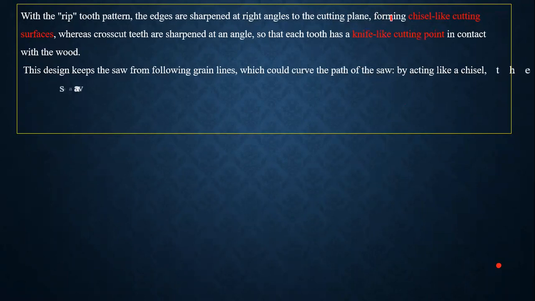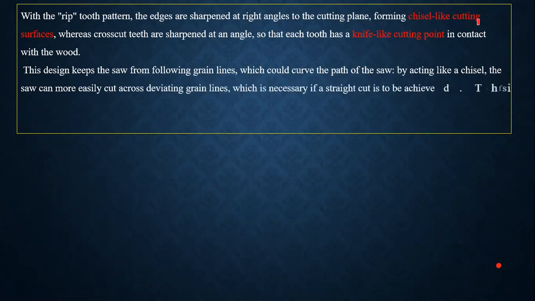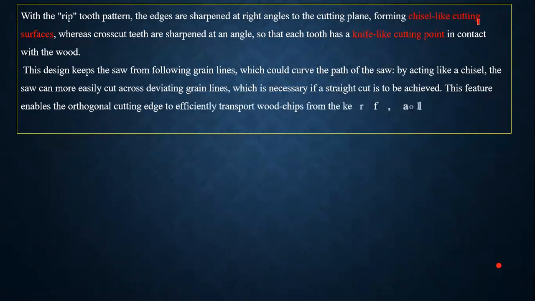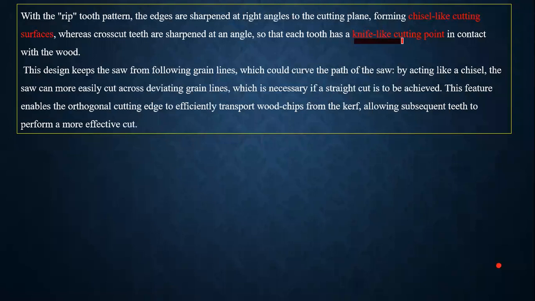So the rip saw has teeth sharpened in a chisel-like form, while those of the cross-cut saw are in the form of a knife. So we have a knife point for the cross-cut and a chisel point for the rip saw.